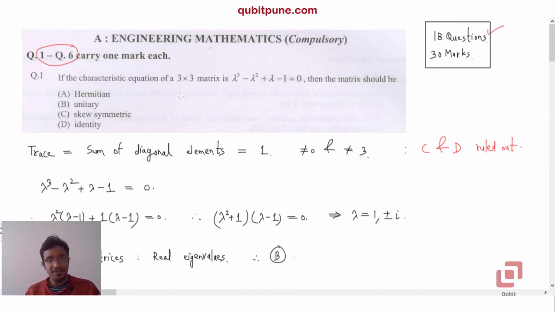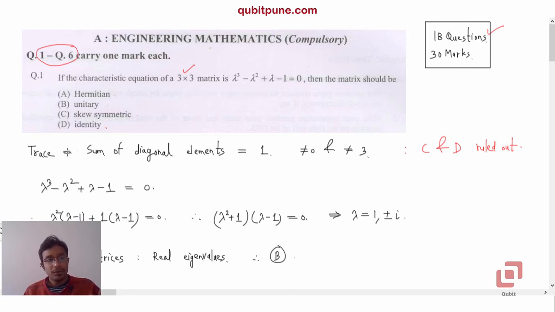If the characteristic equation of a 3 by 3 matrix is lambda cubed minus lambda squared plus lambda minus 1 equal to 0, then the matrix should be Hermitian, unitary, skew symmetric or identity matrix. Now to solve this problem, we recall the properties of the characteristic equation, which is essentially a polynomial equation. The roots of the characteristic equation are the eigenvalues of that matrix.